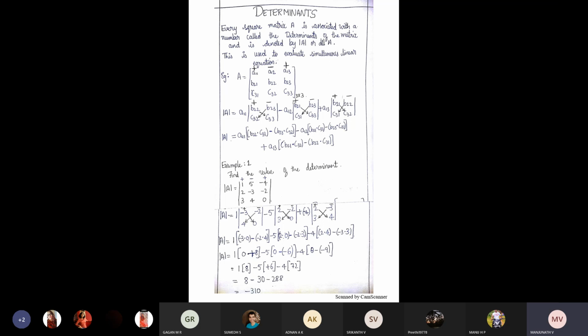You have to follow some rules on how to simplify a determinant. A12 says that you need to suppress, or eliminate imaginarily for the time being, the first row and second column. If you suppress first row and second column, you are left with B21 and B23, C31 and C33.